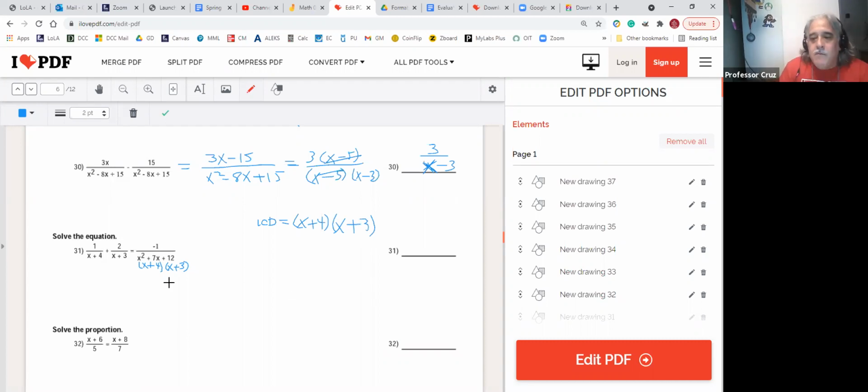Now remember, when you're multiplying by the LCD, you're multiplying by the LCD over 1.